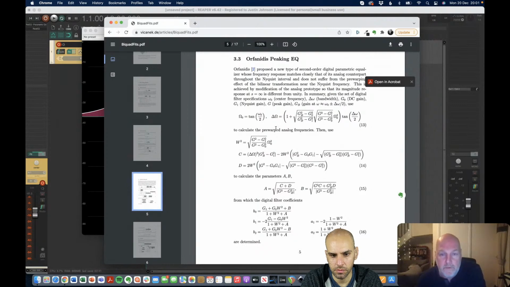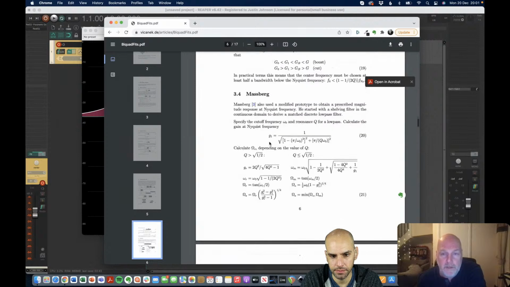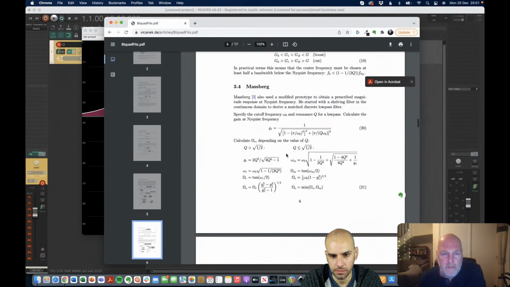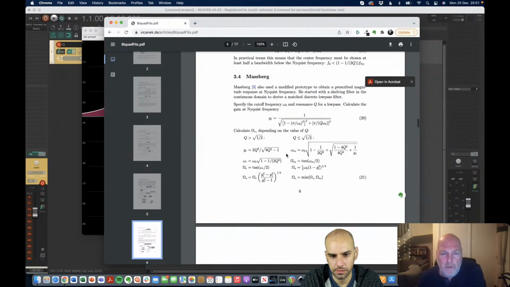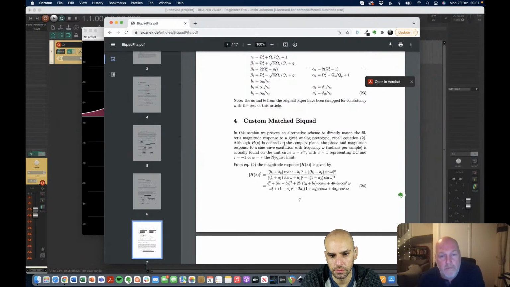This is the formulation for it. And then there's Massberg as well, which I think I only saw for a shelf filter or a low pass. And then this is his work, the custom matched biquad.